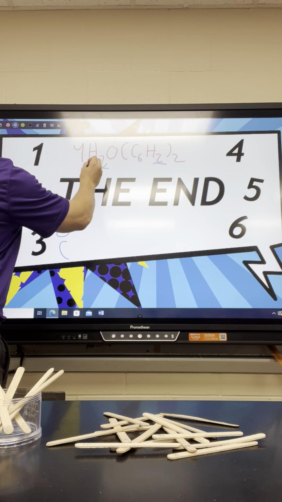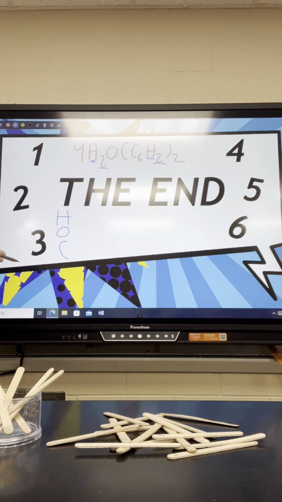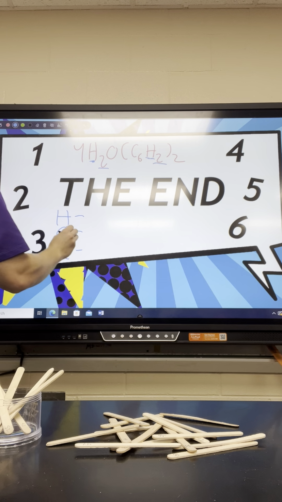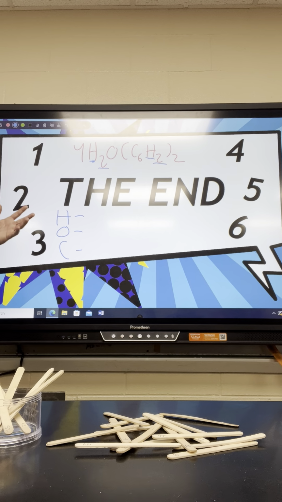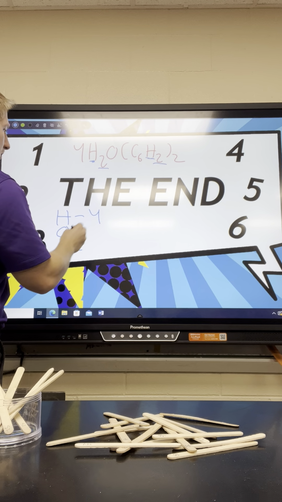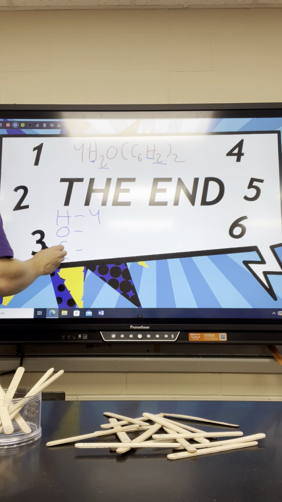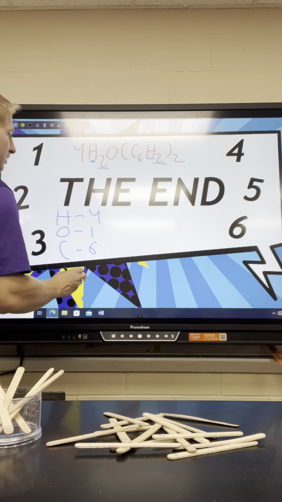You see this right here? So how many hydrogen you got? 4. Don't forget, if you see an element in one place and then another place, treat them as the same. So we still gonna add them together, so we have 4. All right, how many oxygen? 1. And then carbon is 2, 6. Okay, what's the next step?